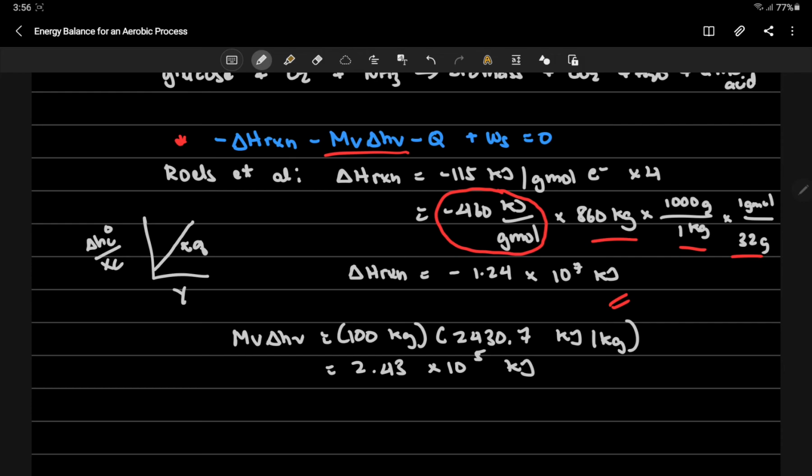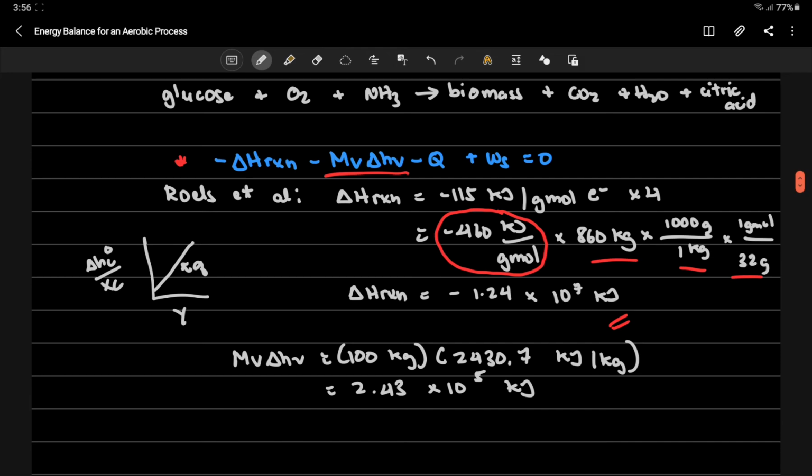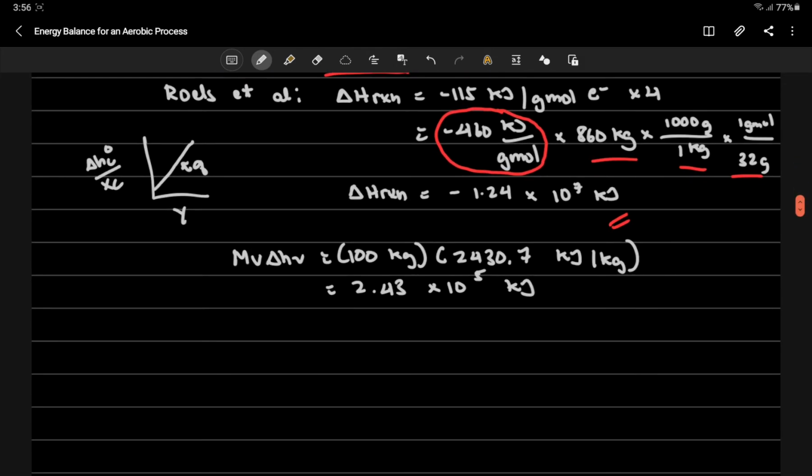kilojoules. Okay? Now, how about the power input? Okay, yung WS or work or shaft work. So, ang given is 15 kilowatts. Now, we have to be consistent kasi puro kilojoule yung ating unit dito sa enthalpy tsaka sa enthalpy due to evaporation. So, therefore, we have to convert this. Yung 15 kilowatts is basically 15 kilojoule per second, di ba? I-convert natin yan, how? I-multiply natin ng time. So, ilan yung time?